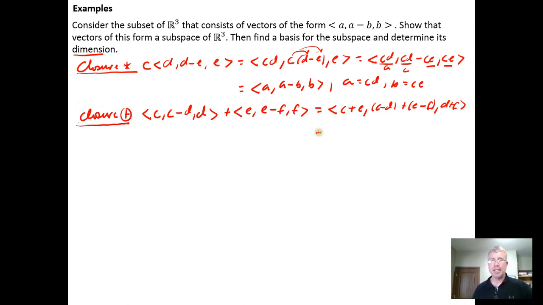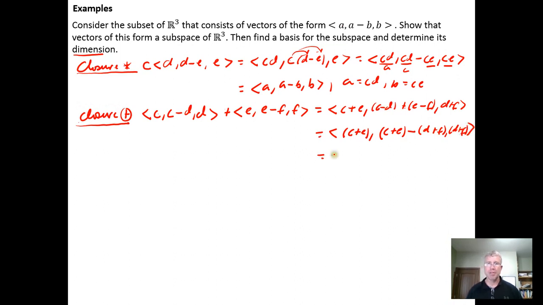Now we want to clean this up a bit. In the first component position I have c plus e. We regroup and recombine the rest using the commutative and associative properties of addition. By factoring the minus out of minus d minus f, we get c plus e, comma, c plus e minus (d plus f), comma, d plus f.